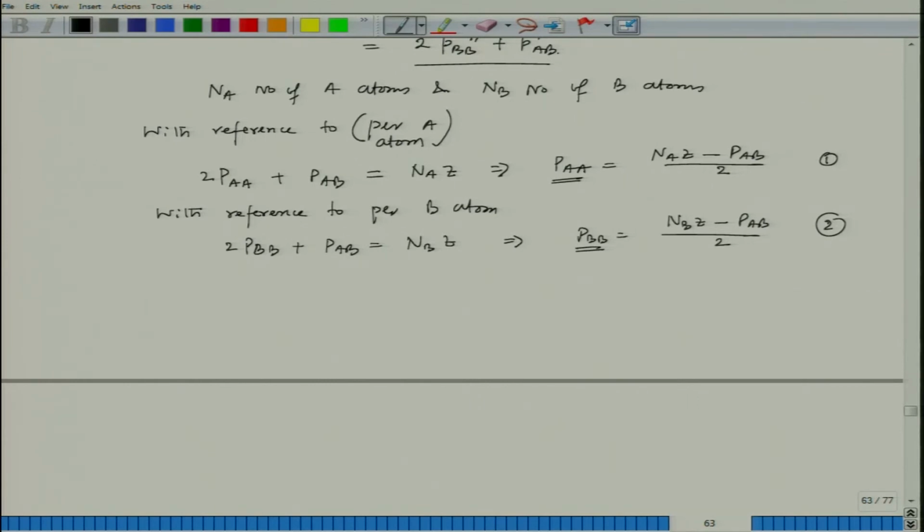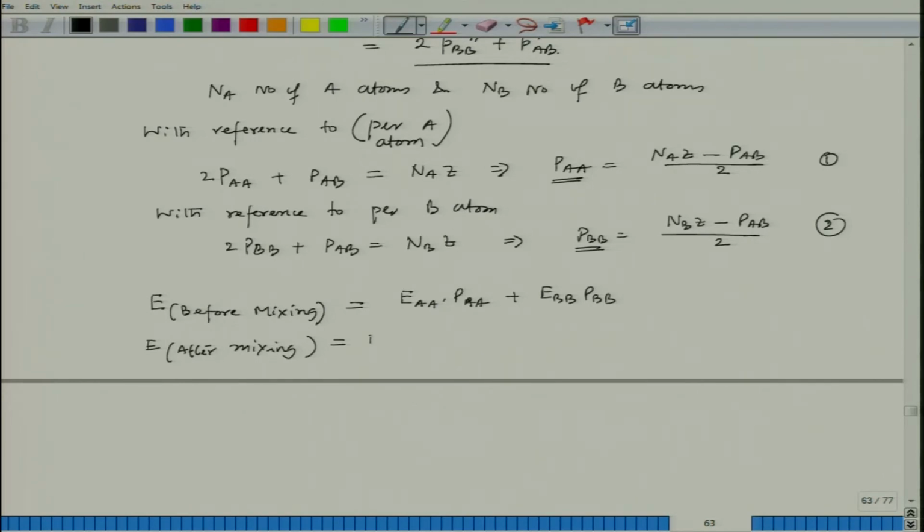another derived equation. Let us see, if I consider before mixing, total energy would be equal to EAA into PAA, that means the total number of AA bonds, EBB and PBB bonds. Now, after mixing we have AA bond, BB bond as well as AB bond.